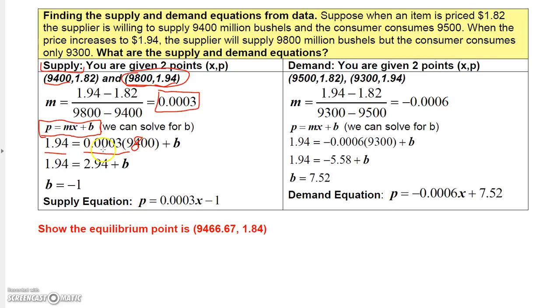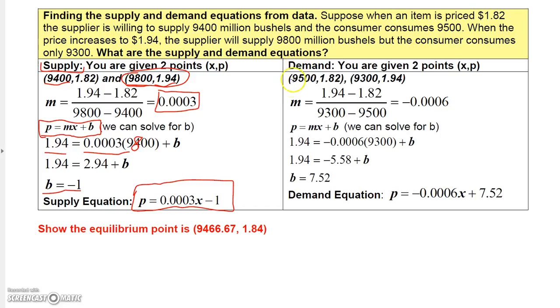So 0.003 times 9,800 is 2.94, and I have 1.94 over here, and then when I subtract 2.94 from 1.94, I get b equals -1. So now that I have b, I can say the supply equation is P equals 0.003x minus 1.